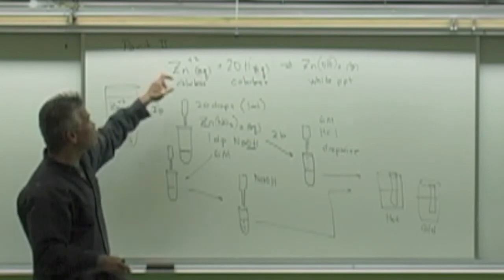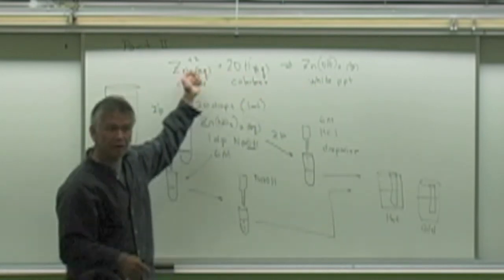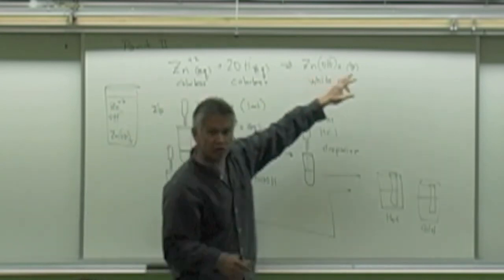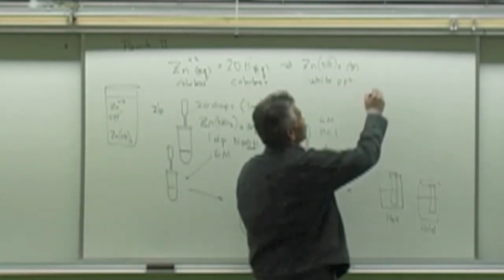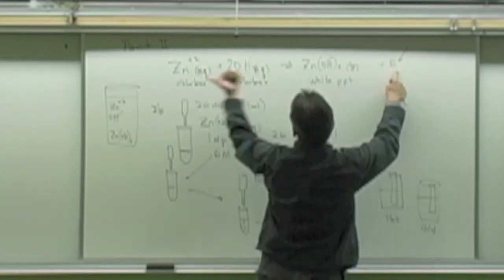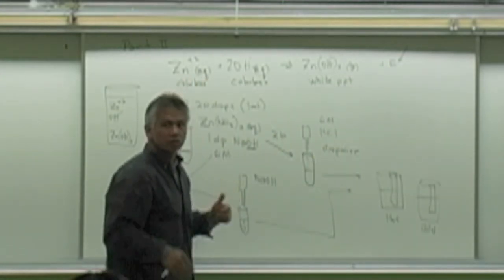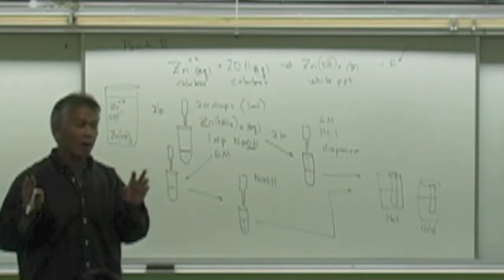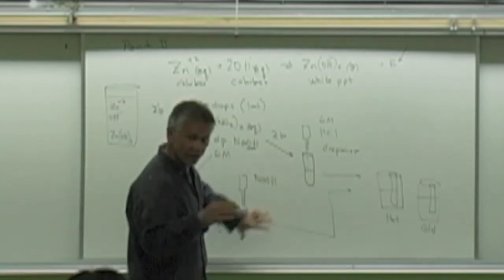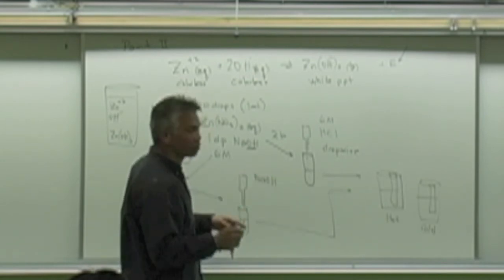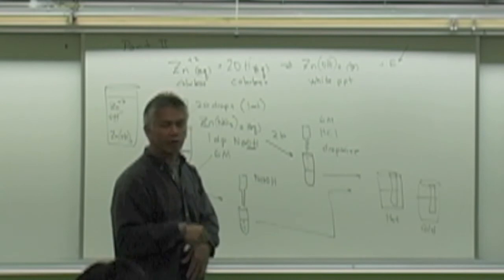If in hot water you see the white precipitate disappears, that means that the reaction is exothermic. Because if it was exothermic, adding more energy, increasing the temperature, would drive the reaction in that direction. So you can see why you want to modify the experiment by putting these last test tubes, before you get rid of them in the waste container, in hot and cold water. That way you know whether it's endothermic or exothermic.